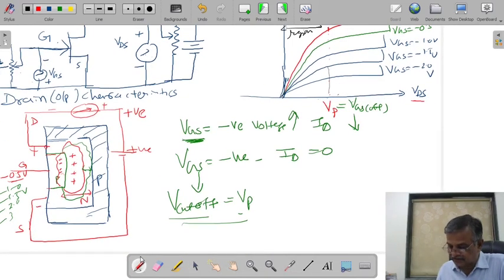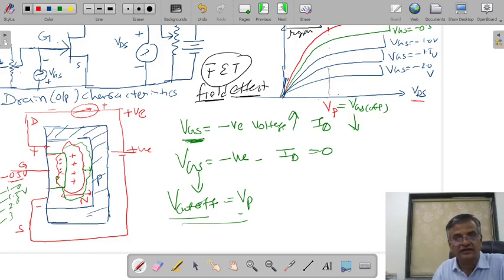Why is the FET known as a field effect transistor? I use the word field effect. The reason is that due to this electric field, the current is controlled. Due to the field produced at the gate, your drain current is controlled. Therefore this device is called field effect transistor.